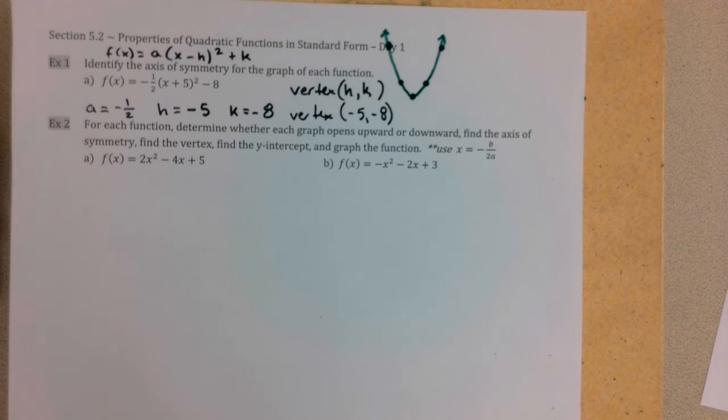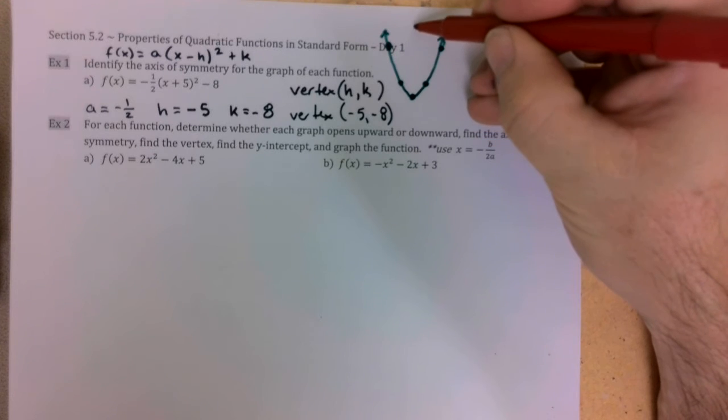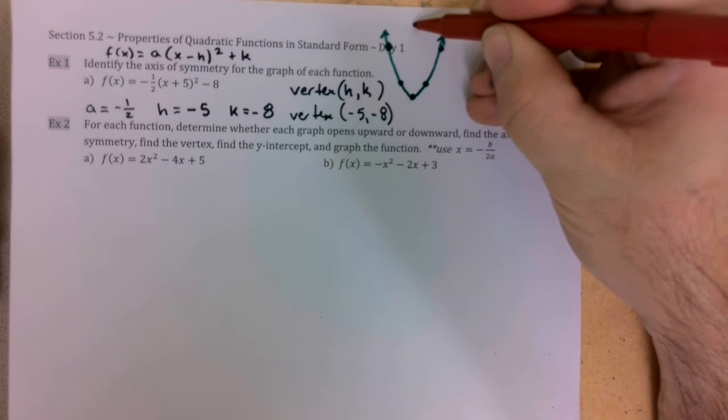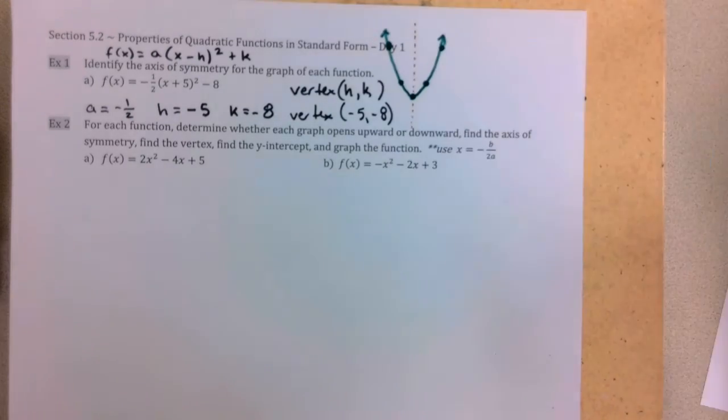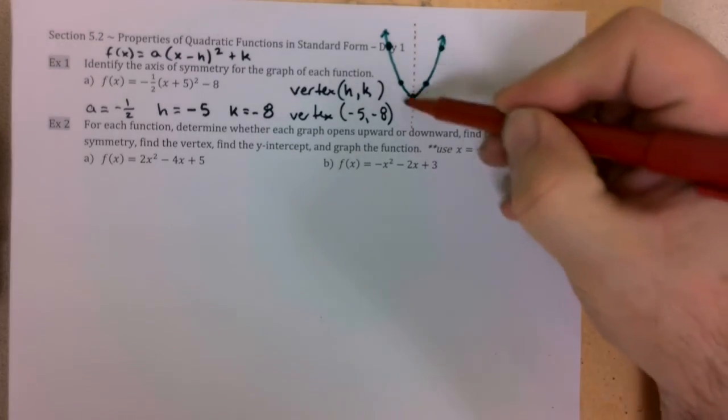The axis of symmetry is not really part of the graph, but it does help give the graph some shape. There is a dotted vertical line that we could put in right here that would split that graph exactly in half. I use the dotted line because it's not part of the graph. The graph is this parabola that's here.